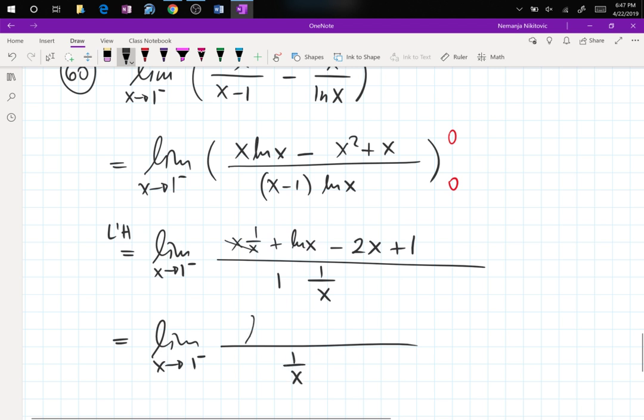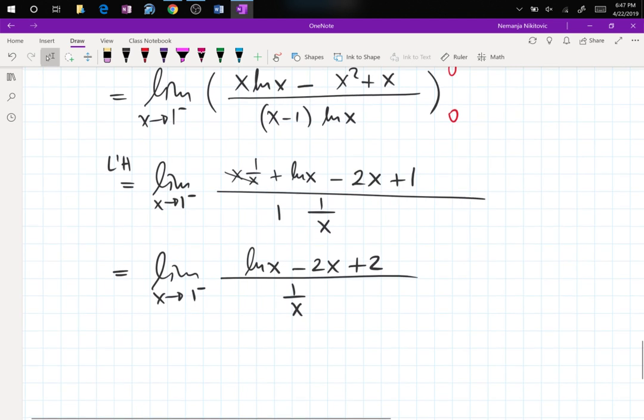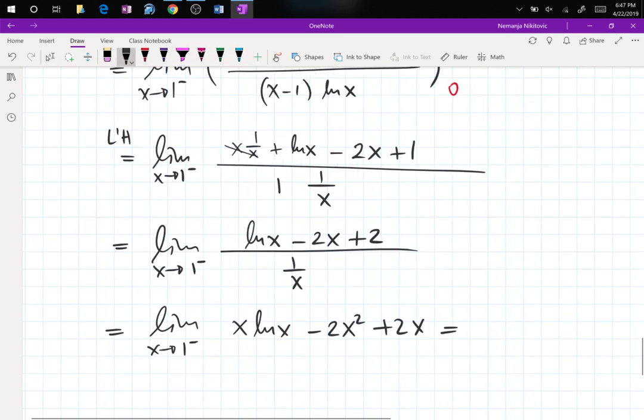In the numerator I have ln x minus 2x plus 2, because this gives me 1, and then 1 plus 1 is 2. Now, it's a double fraction, so I can kick this x into the numerator. And this just becomes x ln x minus 2x squared plus 2x. When I plug in 1, I get 1 times 0 minus 2 plus 2, and the whole thing is 0.